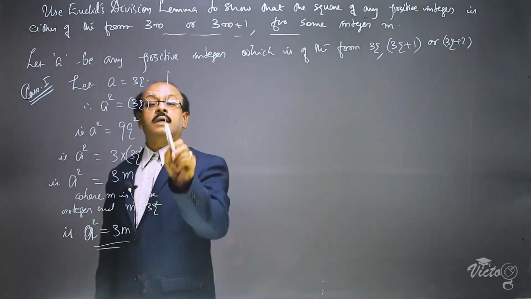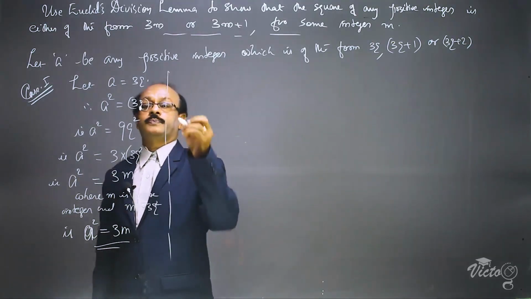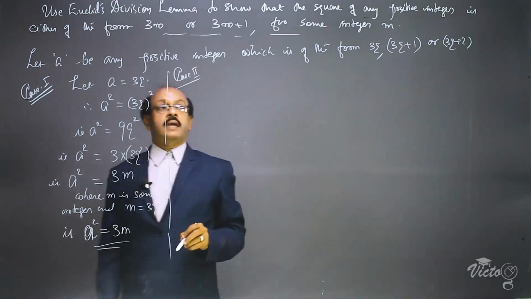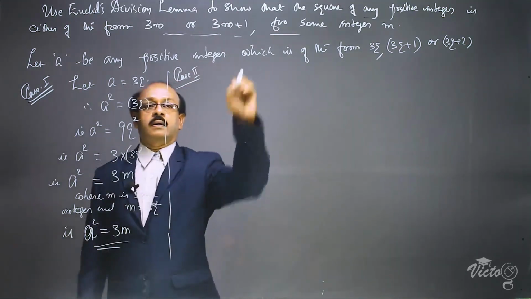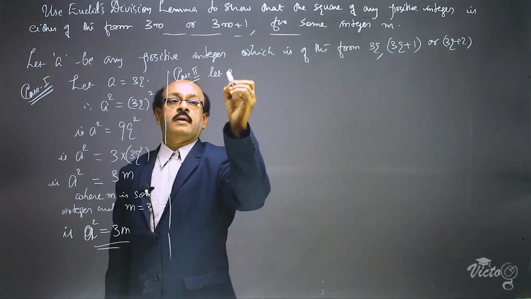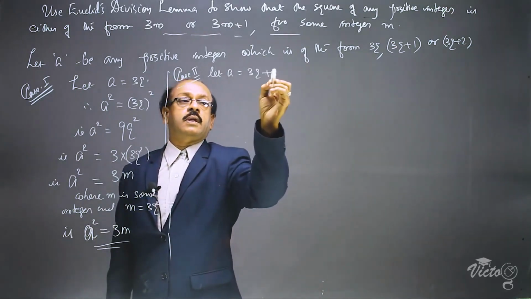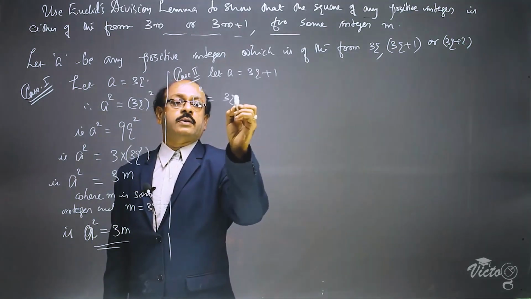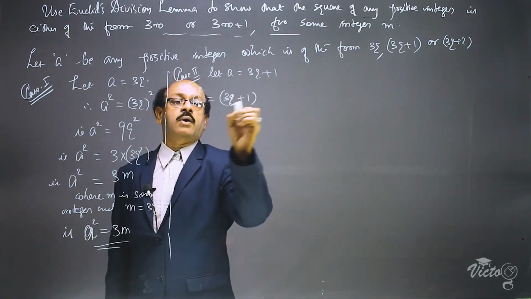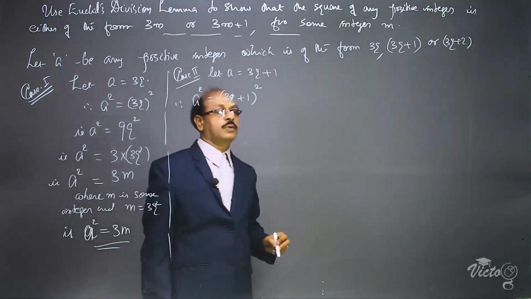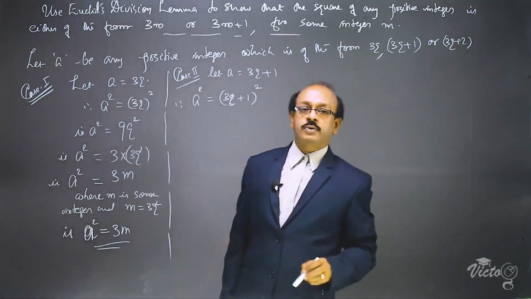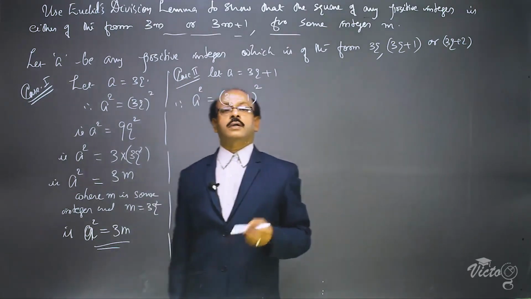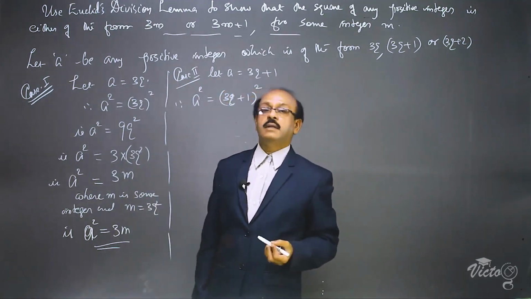Now, we are taking the second case, case 2. That means a is equal to 3q plus 1. Therefore, a square is equal to 3q plus 1 the whole square, and here we have to expand 3q plus 1 the whole square using the identity a plus b the whole square, a square plus 2ab plus b square.